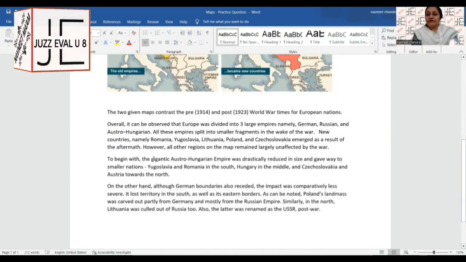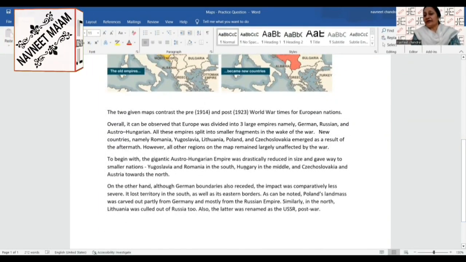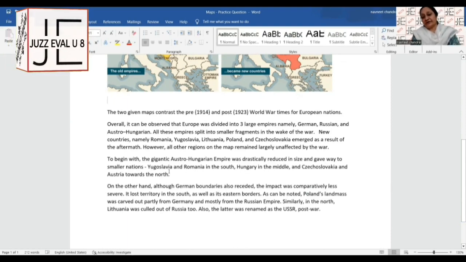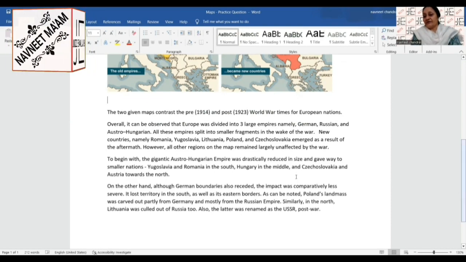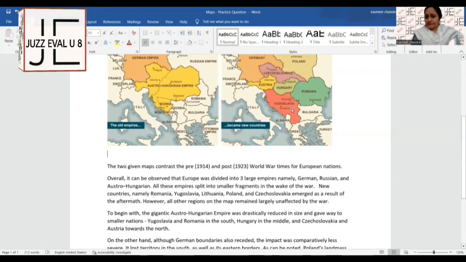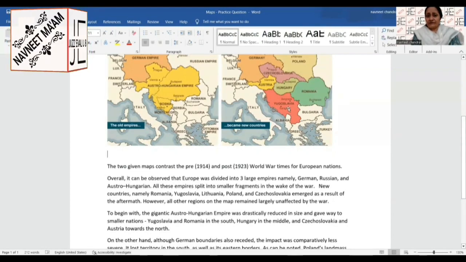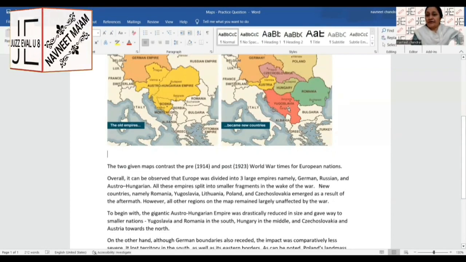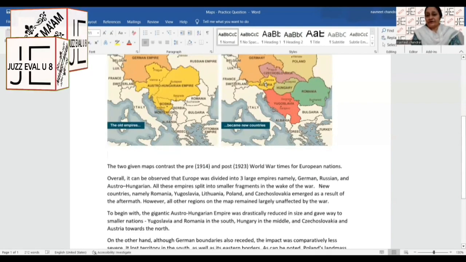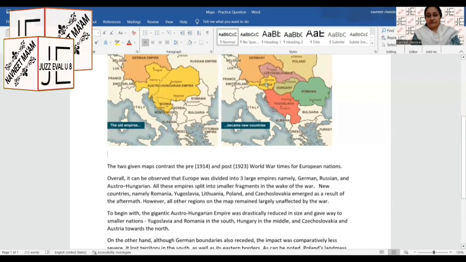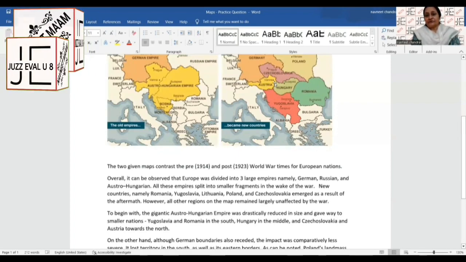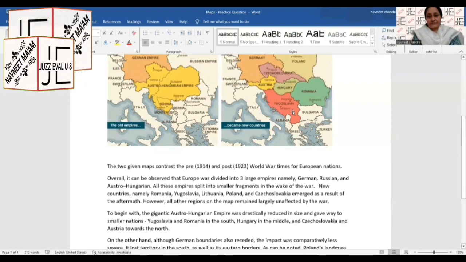Now, to begin with, the gigantic Austro-Hungarian Empire was drastically reduced in size and gave way to smaller nations. Yugoslavia and Romania in the south, you can see here. So Romania and Yugoslavia in the south, Hungary in the middle here, and Czechoslovakia and Austria towards the north. So we're talking about the Austro-Hungarian Empire.